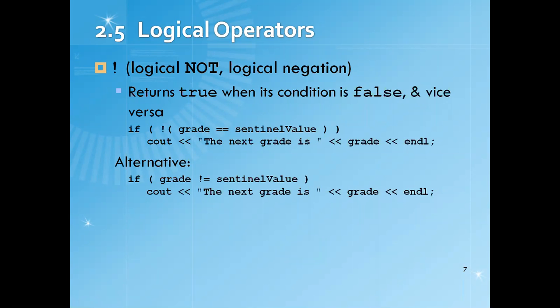So it means it's not equal to the semester value. You can use this to get the opposite value of your whole condition. Or you can also write it this way: grade not equal to the semester value, or you can do it this way, where both are satisfied.